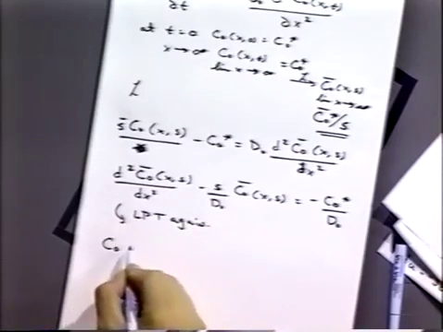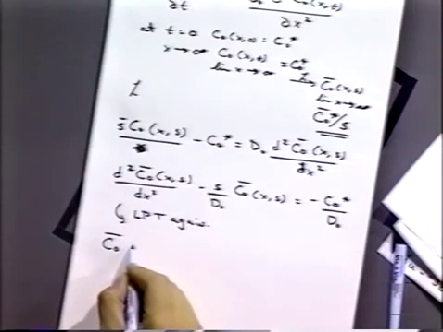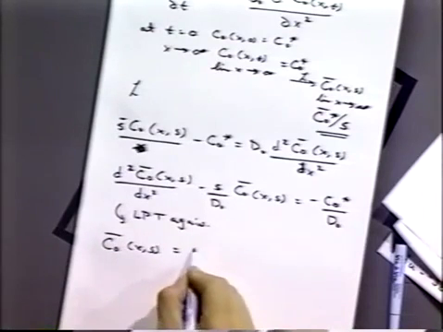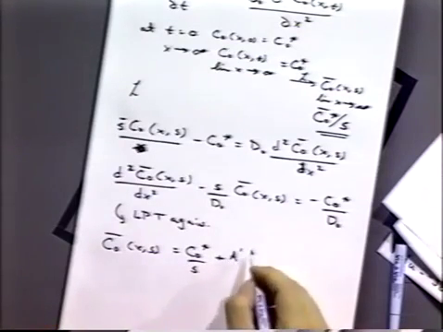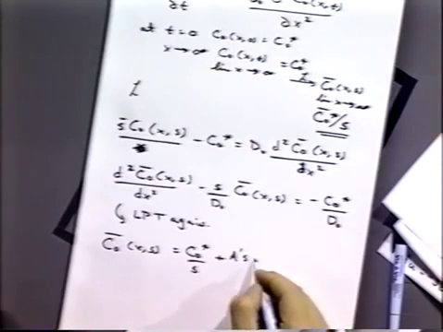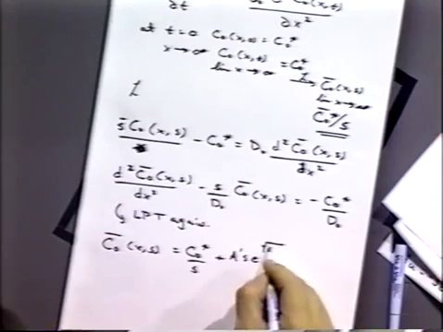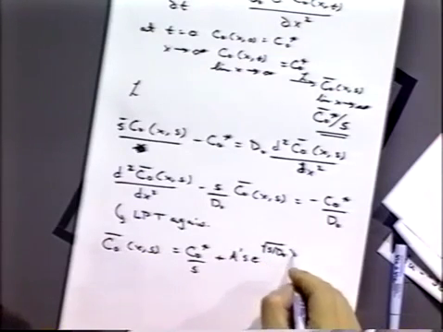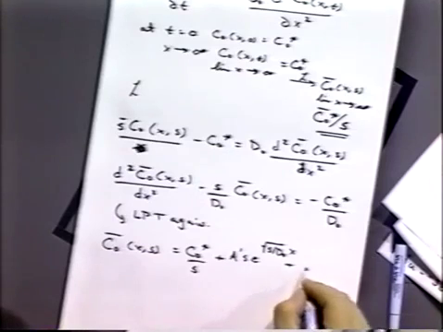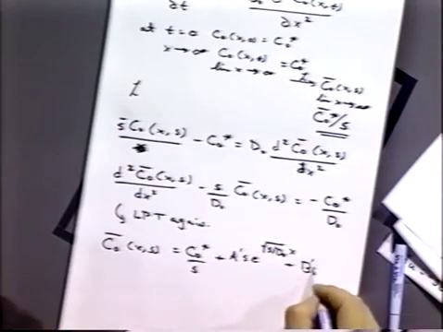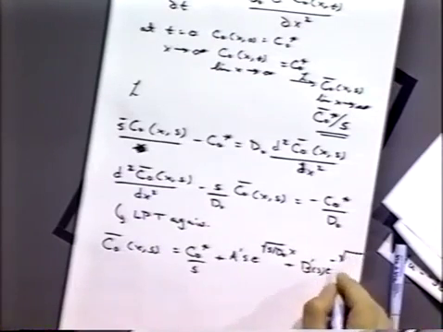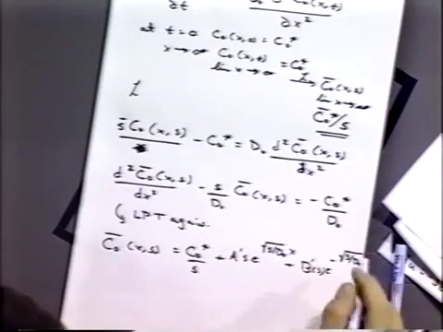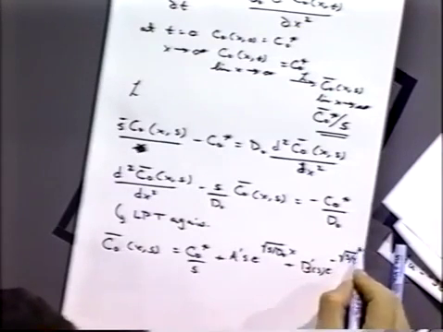And we see that it turns out to be C sub O bar of x and s is equal to C O star over s plus A prime times e to the square root of s over D0, times x, plus B prime times e to the minus square root of s over D0, times x. Sorry, the x is up there, off the page a little bit.